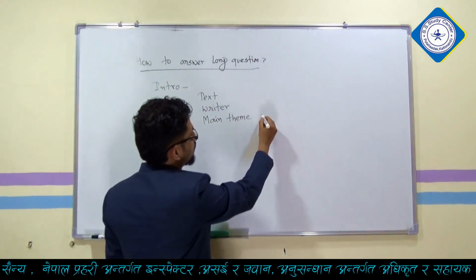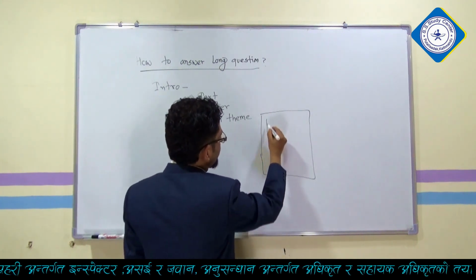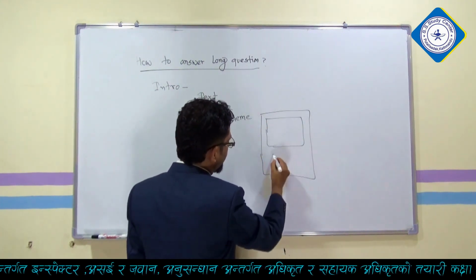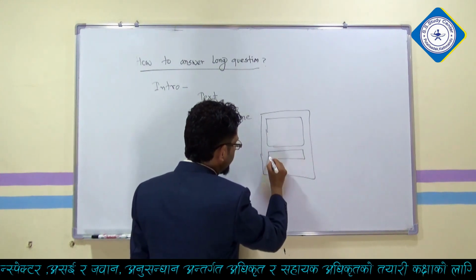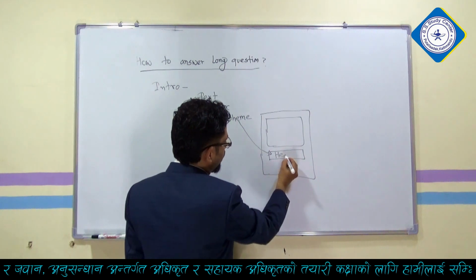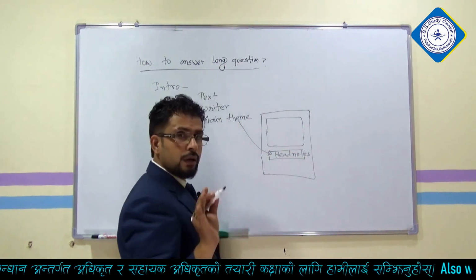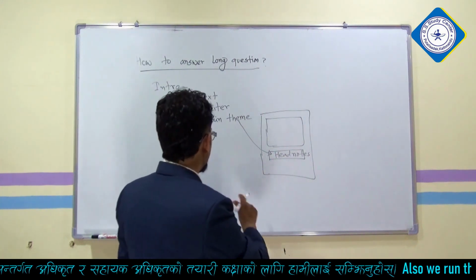So what is that head notes, you may be thinking. Let me draw this picture. Here is the introduction of the writer, and here whatever is written about the text is known as head notes. Look at your book and you will understand what the head notes are.